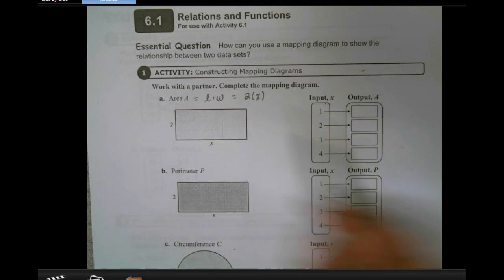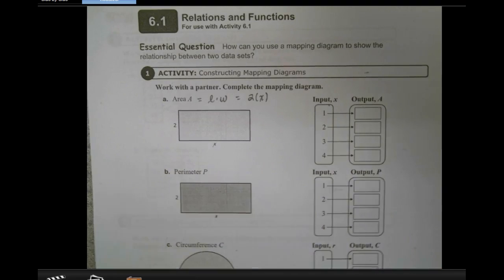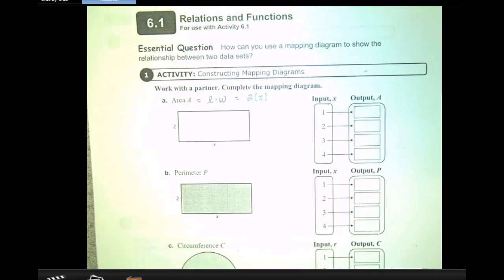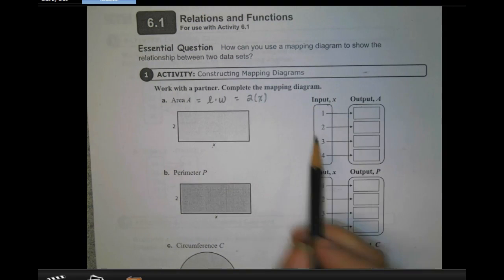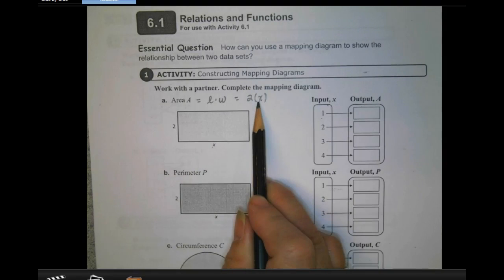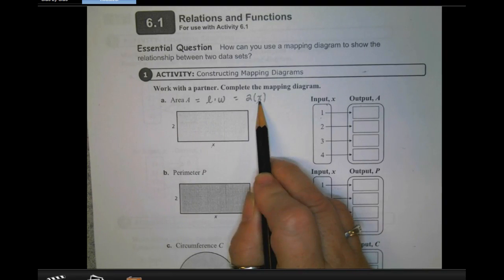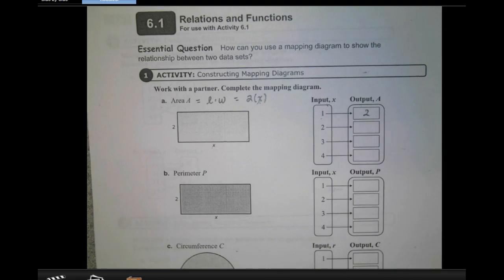So what you're going to do to find your output is substitute your input for x. There we go. So when the input is 1, that means 2 times 1. 2 times 1, what's my output going to be? 2. Good, finish this one.